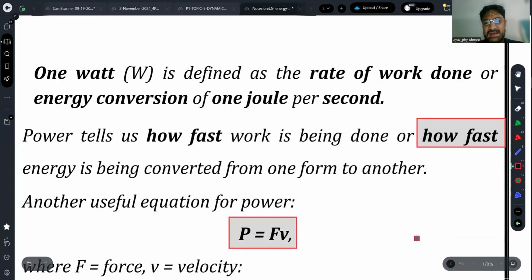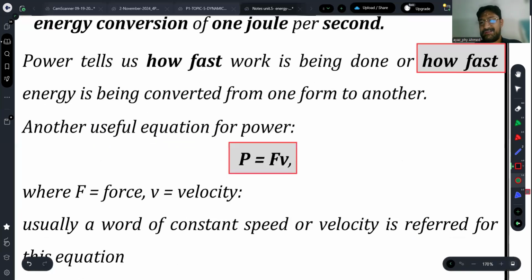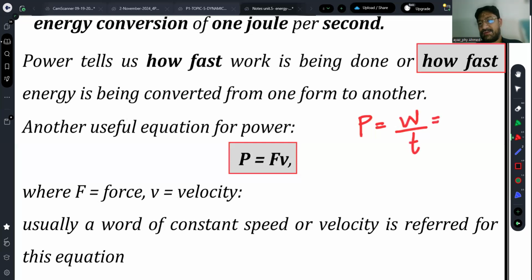That formula has a very small derivation. Power is equal to work done divided by time, and work done is equal to force into distance, divided by time. Then force is taken out separately, and distance divided by time is your velocity.